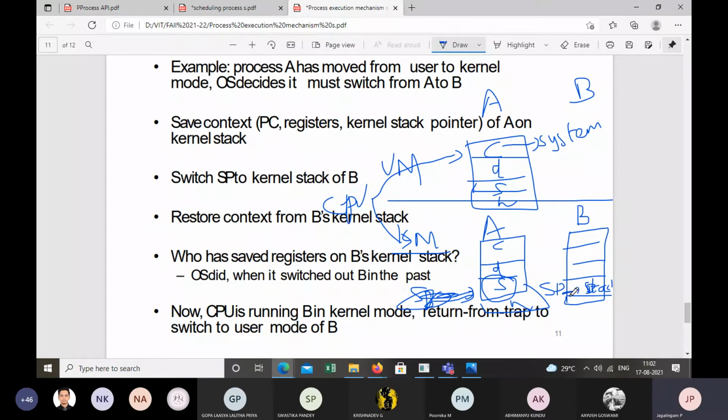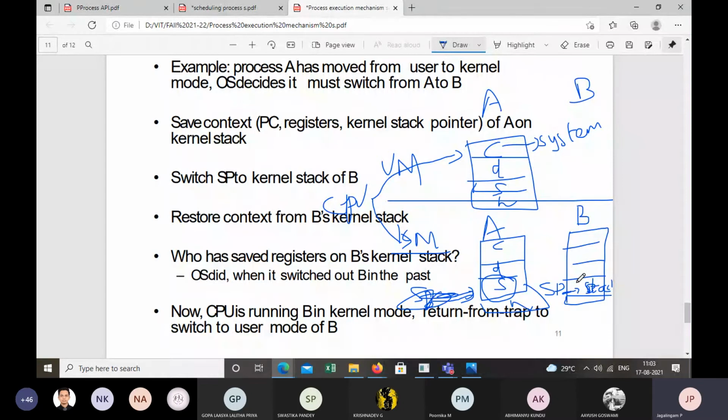Now, who has stored this old PC value of process B? Maybe before the OS executed process A, it had executed process B for some time. At that point, the operating system may have thought, I'm done with process B, let me go to the other process.